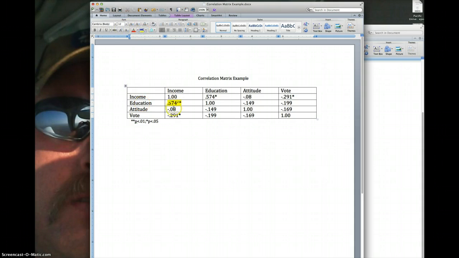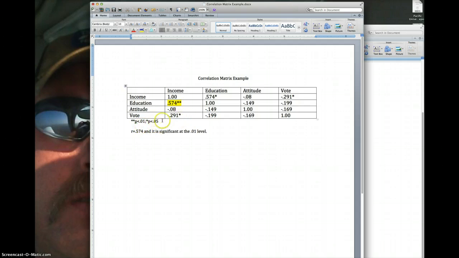Its correlation coefficient is 0.574. So it's a positive correlation, and it's significant at the 0.01 level. And you'll see these asterisks here that correlate to a symbol down here.